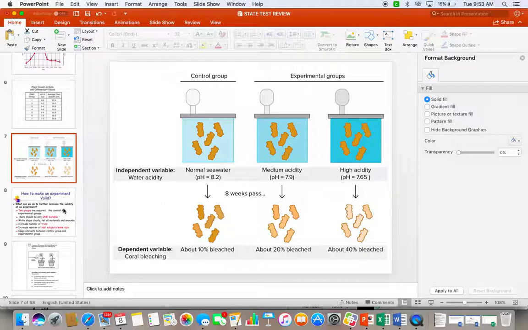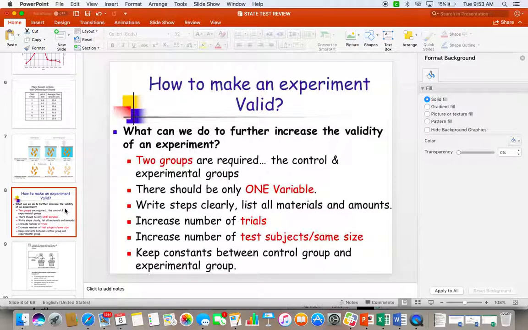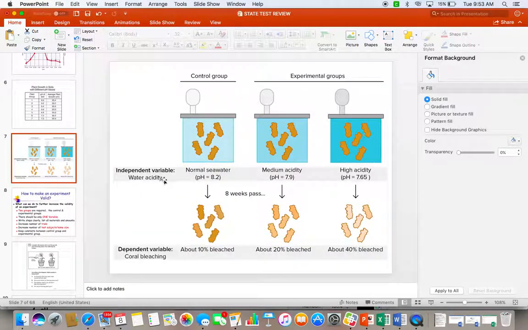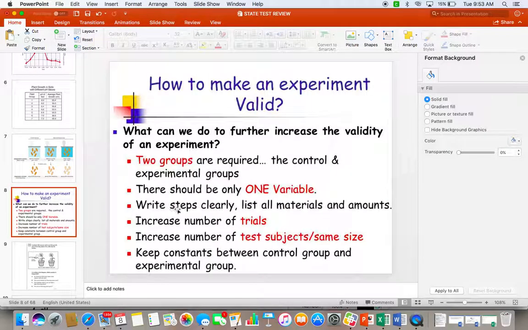Now, if we look at validity, which means how well can we trust our results, there's several factors that we must have. So we do have to have control and experimental groups. And up here we do. We have normal seawater, which is our control group. We also should only have one variable, which in that previous slide was pH.